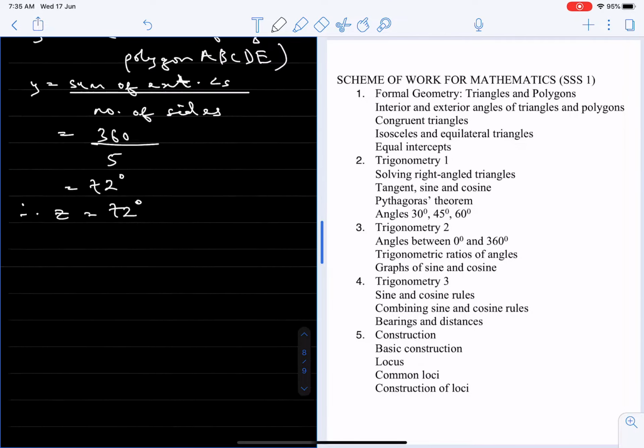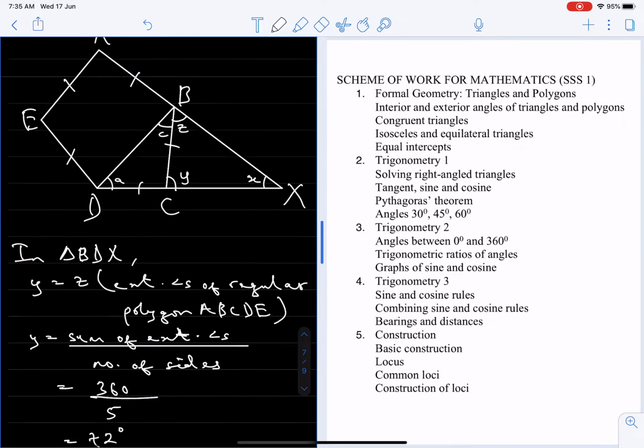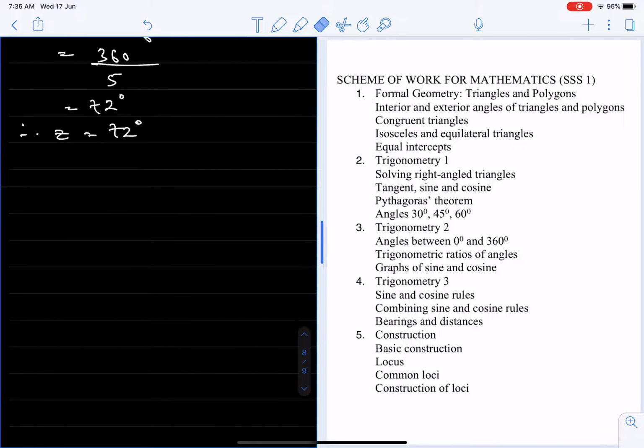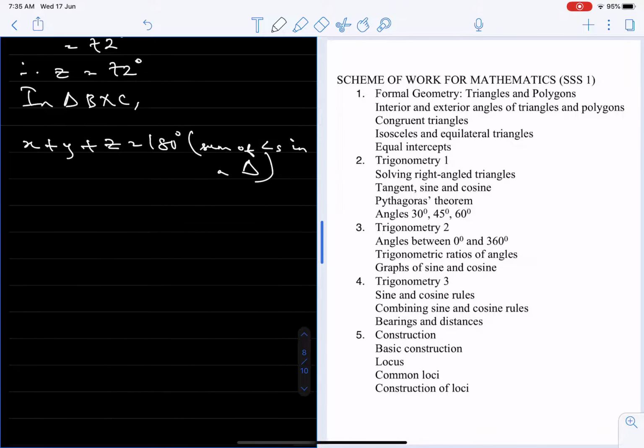Now we can find the value of angle X in triangle BXC. In triangle BXC, angle X plus angle Y plus angle Z equals 180 degrees, the sum of angles in a triangle. X is unknown. X plus 72 plus 72 equals 180.